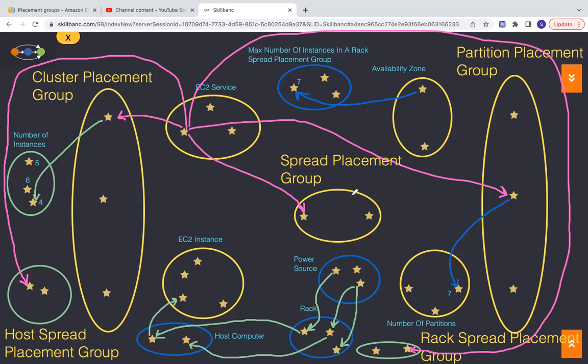You want them to be spread out, by rack, by host computer, then you use spread placement group. You want them not to share any of the hardware and it's in the same availability zone, then you use partition placement group.